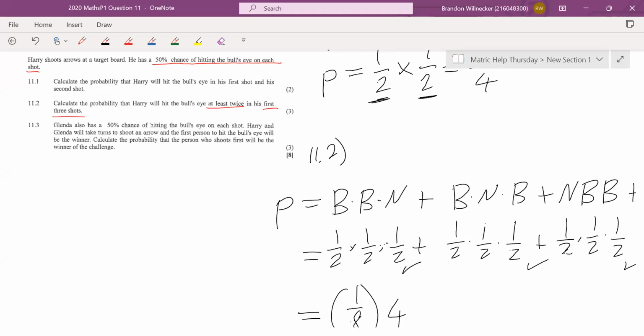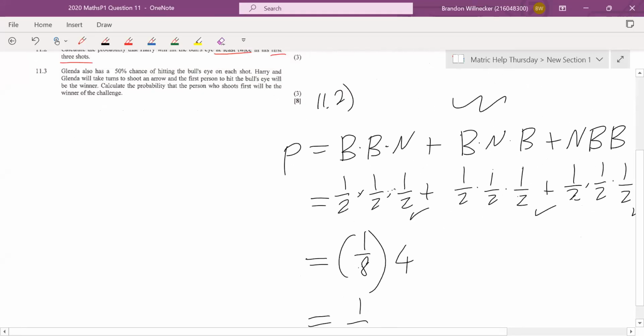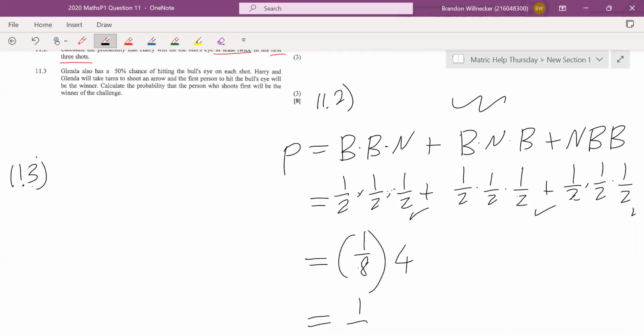Okay, so how do we go about doing that? Let's just do that under the side here. So this is 11.3. We want to know that the first player, calculate the probability that the person who shoots first, so first up in the line, will be the winner.